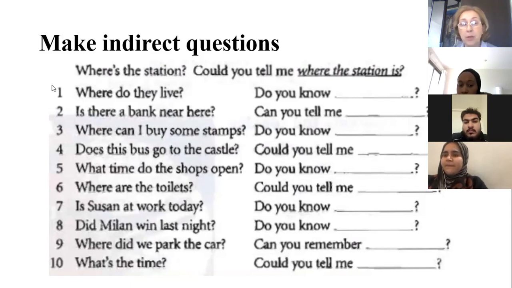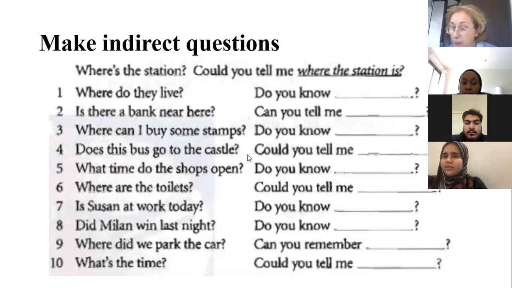Look, so we should change the order of words. First, we should use I, and then we should use can and buy. It means, do you know where I can buy some stamps? So this is the order of words that we should use here.